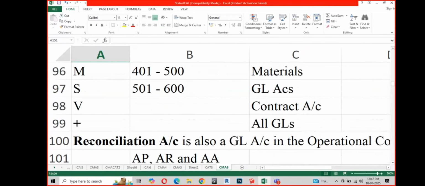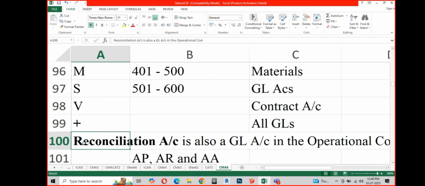Now, do you understand the concept of reconciliation account? It is through this concept of reconciliation account that there is an interaction at the company code level between finance and the AP submodule, accounts payable. It is through the reconciliation general ledger account that your accounts payable submodule is communicating with the finance.